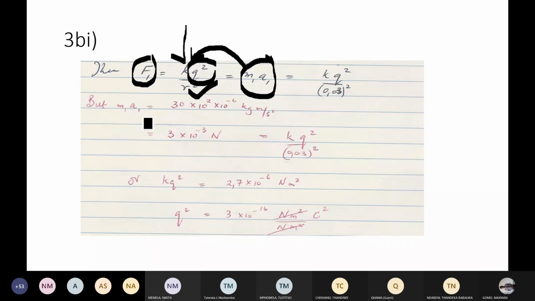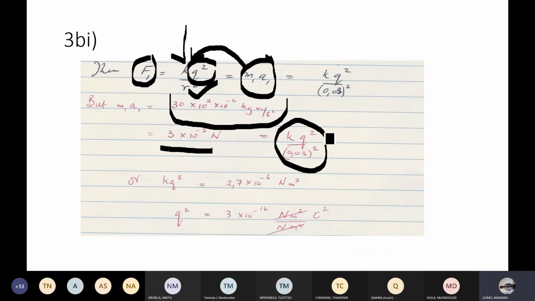So here the writer said, but ma is the force that you have found, which is F1, is this. So you just have to substitute the value of F1 and then equate it to this. After doing that, you know the value of K. So after substituting K, you need to make Q squared the subject of the formula. This is how you do it.